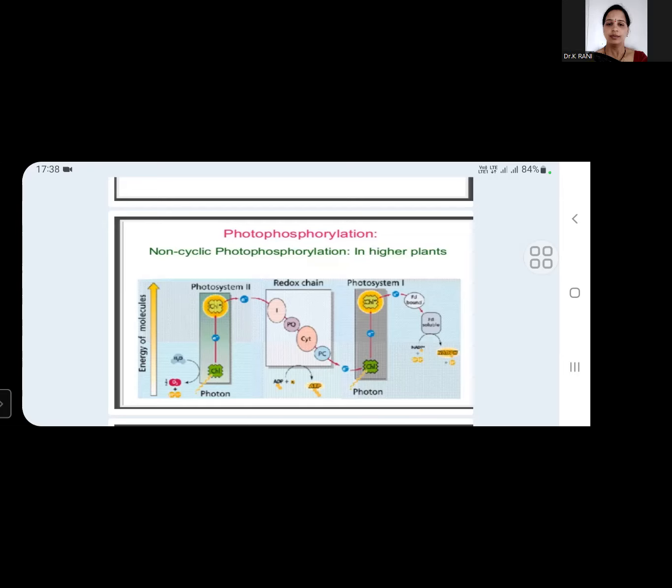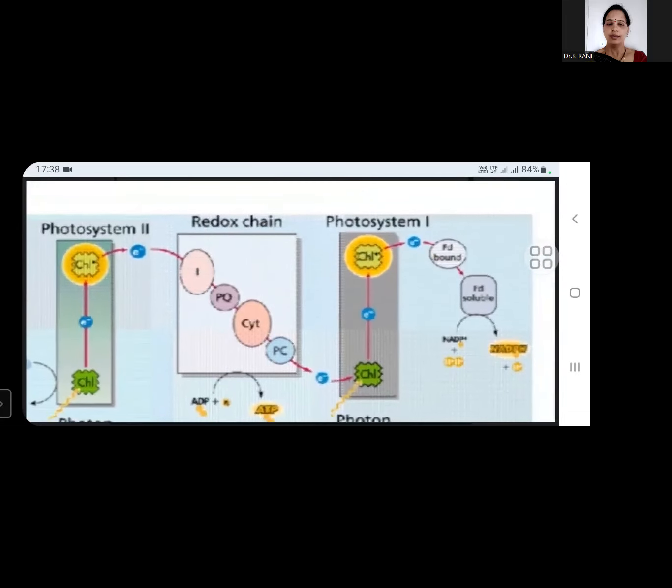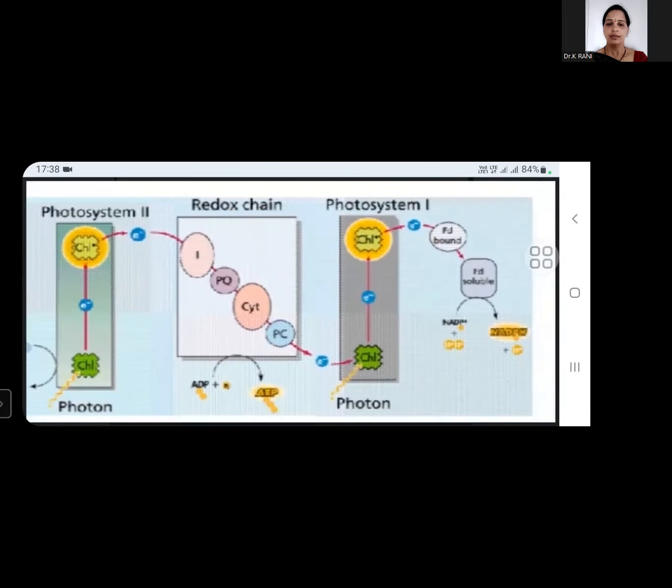On the right side, in photosystem 1, electrons move through the primary electron acceptor, the iron sulfur protein, and reach the soluble ferredoxin FD, which is located in the stroma.